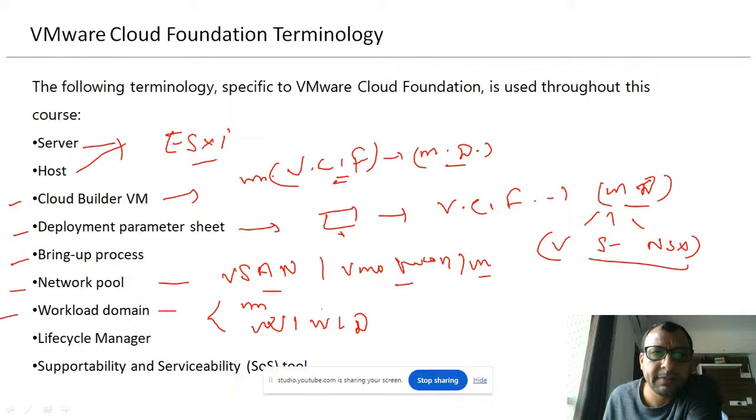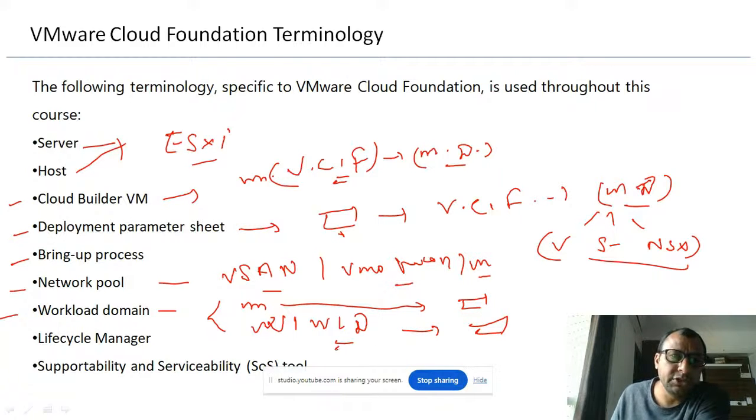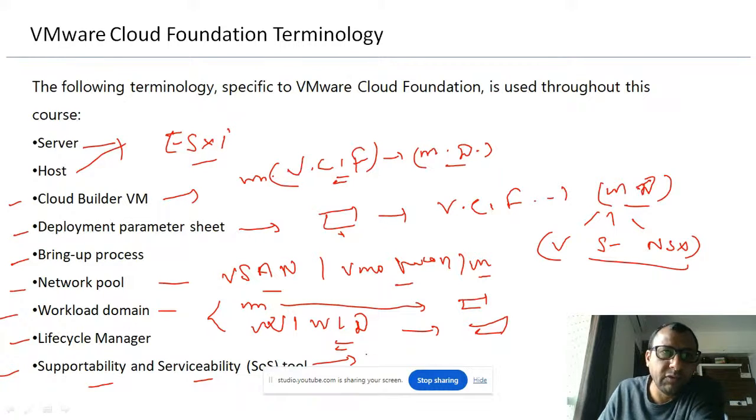The management domain is just for hosting all the management components, and the workload domain is primarily for hosting the workload virtual machines. The SOS tool, inbuilt in my SDDC Manager, which we refer to as support and serviceability, primarily helps us with troubleshooting and identifying the overall health status of my VMware Cloud Foundation stack.